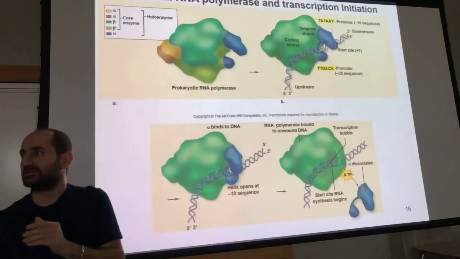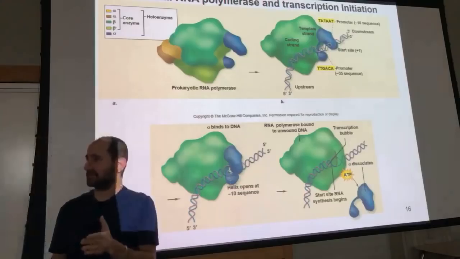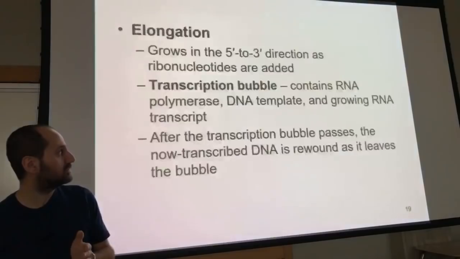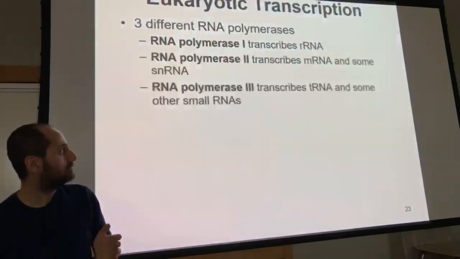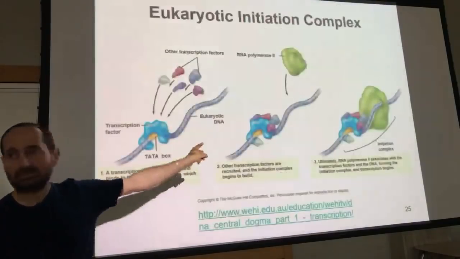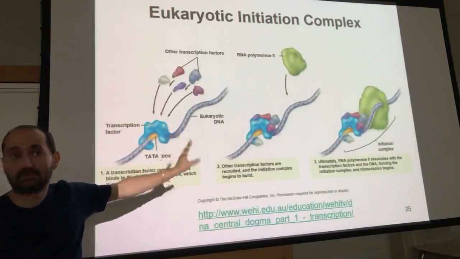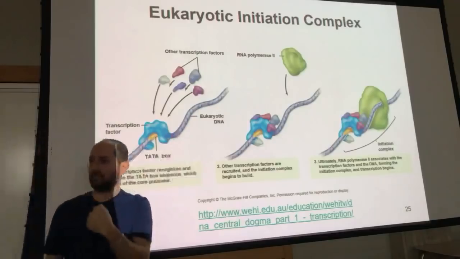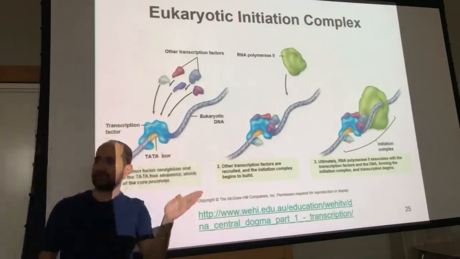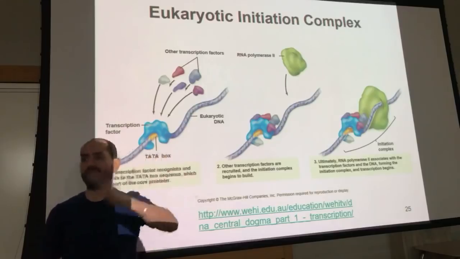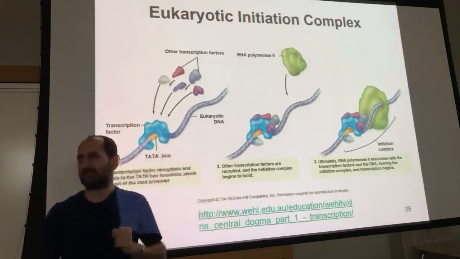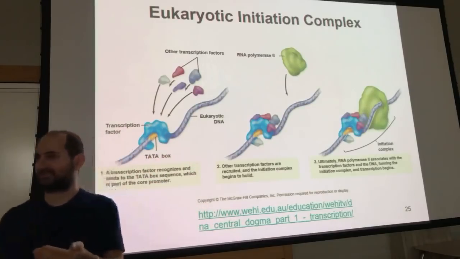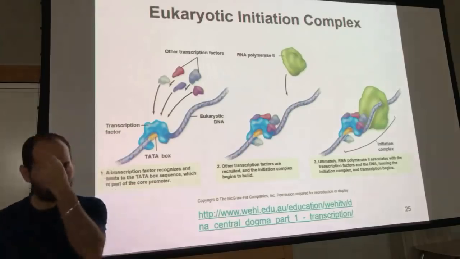It doesn't need transcription factors, does it? But what about in eukaryotes? Eukaryotes require transcription factors first, then RNA polymerase binds. So prokaryotes don't require transcription factors, while eukaryotes do require transcription factors to start transcription. That's the main thing to understand.